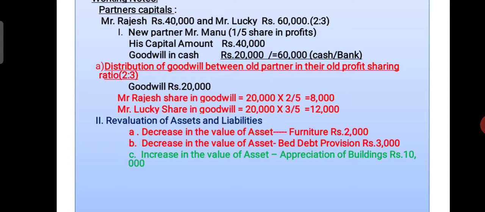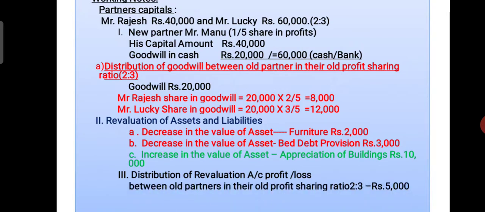Here it is easy to calculate, but actually this profit should be calculated after preparation of the revaluation account. Then we will find some amount, and that amount should be distributed. As there are not many adjustments regarding assets and liabilities, here we calculated the profit directly.